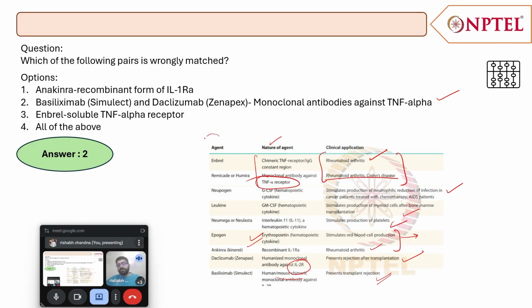Okay. So these are some of the agents that are helpful in terms of blocking or providing the cytokines in different diseases. Okay. So if you guys have any doubt, you can ask.